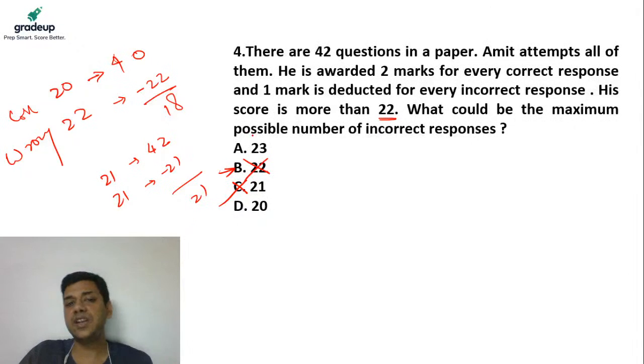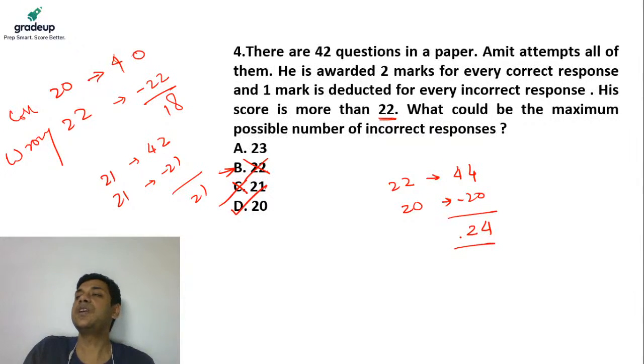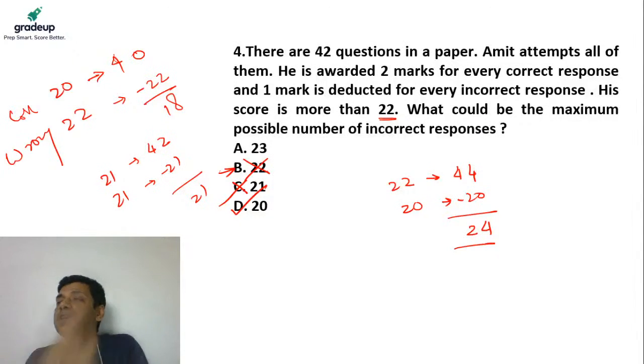Okay, now if 21 is not possible, 22 is not possible, obviously my answer has to be 20. If you want to check it, if I do 22 correct, I will score 44. If I do 20 wrong, I will get minus 20 and I can score 24. Yes, with 20 wrong answers, I can score 22 plus, but if I do 21 wrong, I cannot score 22 plus.